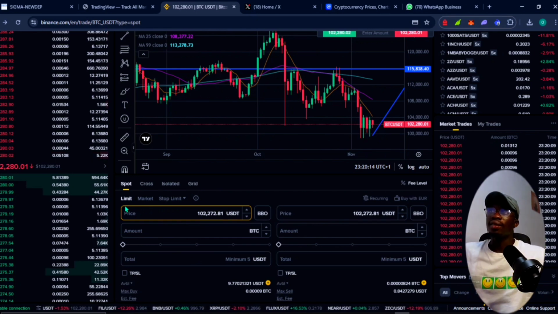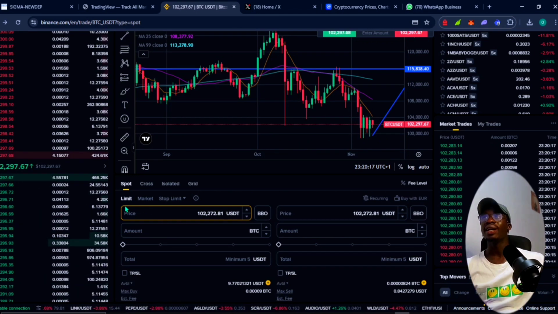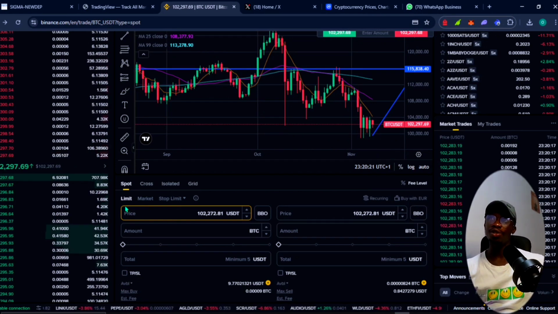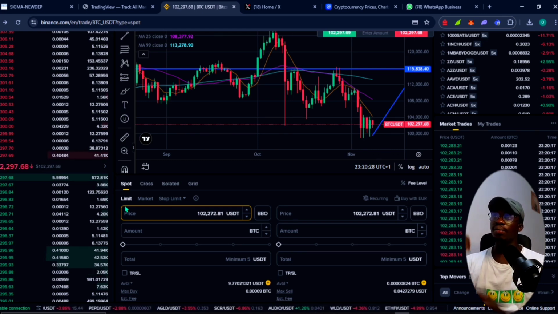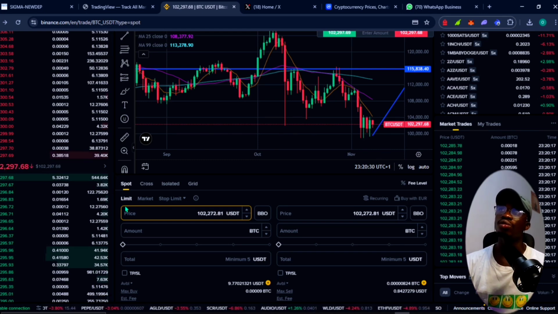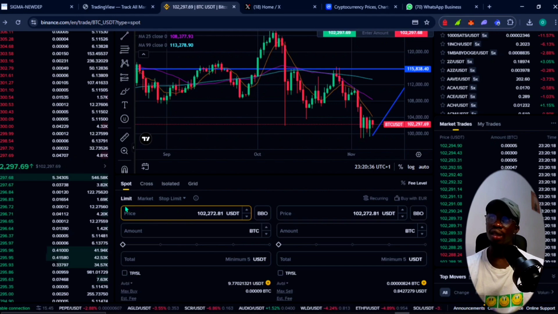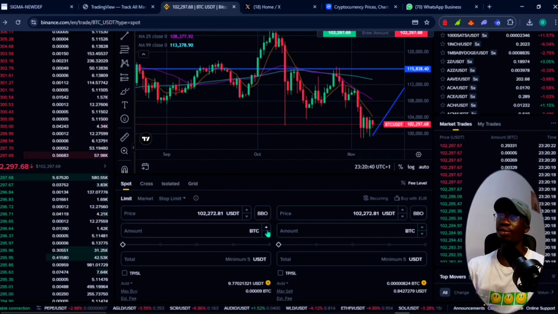The limit order is the type of order that allows you to specify to the exchange house the particular price for which you want to purchase or sell a commodity. It means it allows you to tell the exchange the particular price you want your order to be triggered.